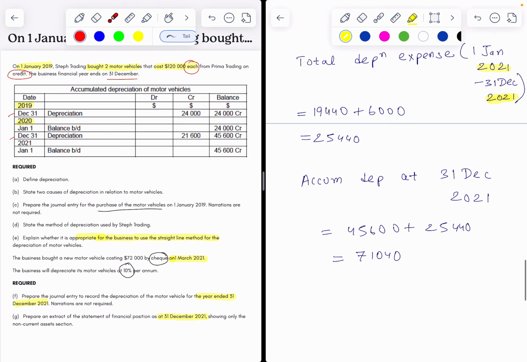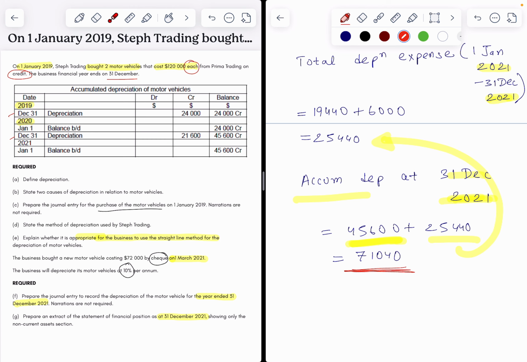So the total accumulated depreciation for all three assets combined at 31 December 2021 is $45,600, which we had for the old assets in the earlier years, as you can see in the ledger account, plus the new depreciation expense we calculated for the year 2021, which is $25,440. That gives us an accumulated depreciation at 31 December 2021 of $71,040.